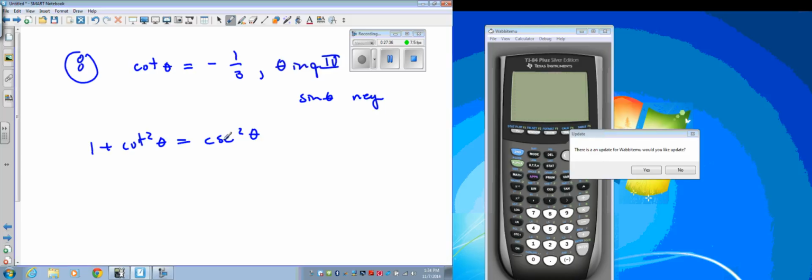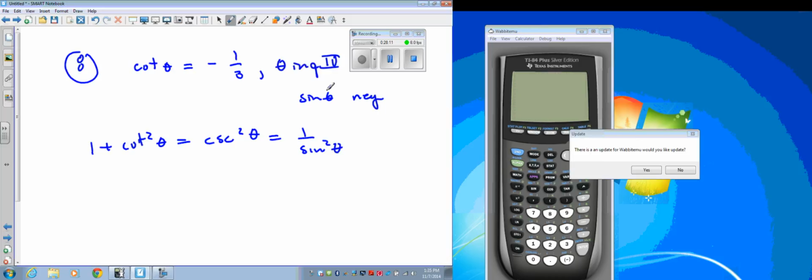Because cosecant's 1 over sine, right? That's the process I'm going to go through. So I will solve for this and invert it and then take the square root of it. When I take the square root, it's plus or minus, then I have to take the negative of it, right? You see where I'm going with this?